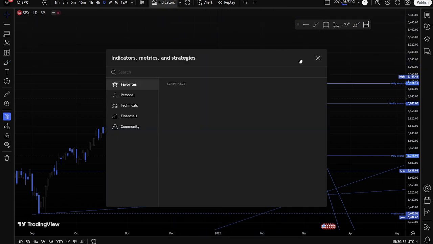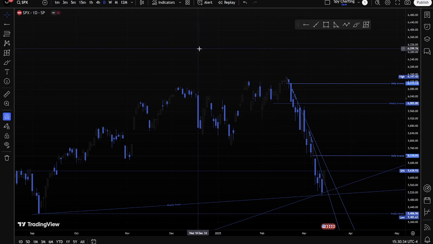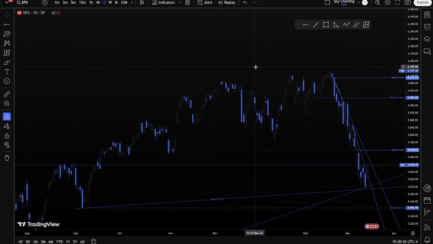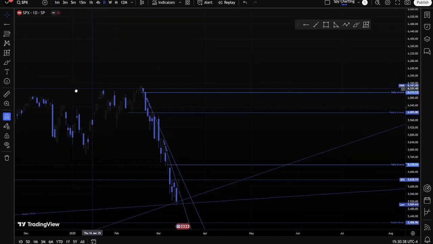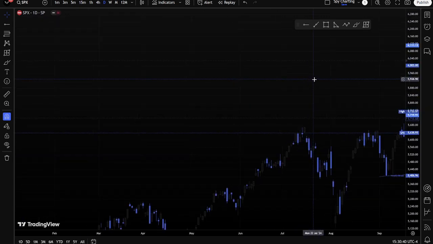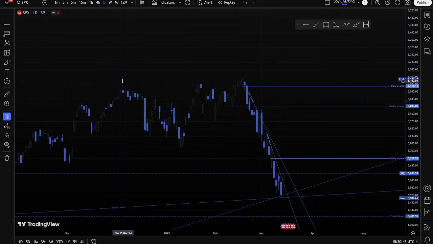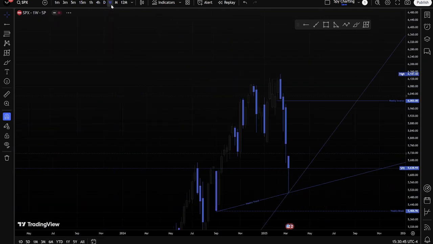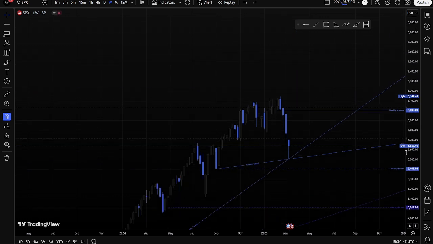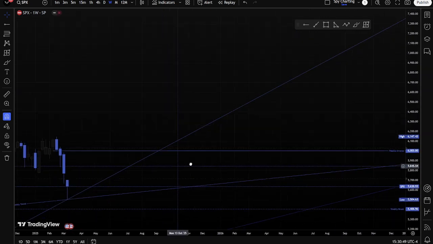But indicators, I personally believe you don't need them. I tried them in high school. They didn't really do me any good, and plus I didn't even really like to use them. I don't like having clutter on my chart or in my life in general. I'm a very organized person.